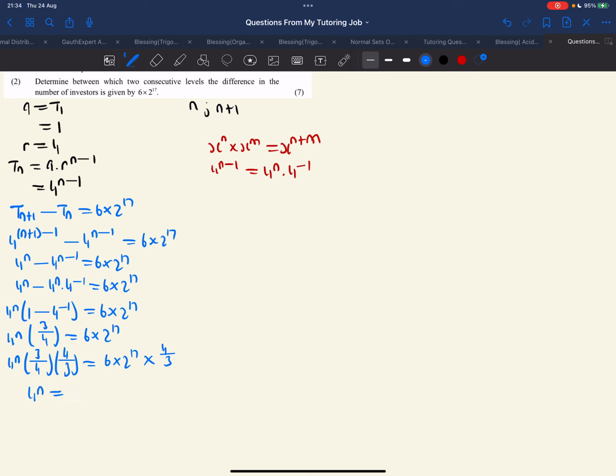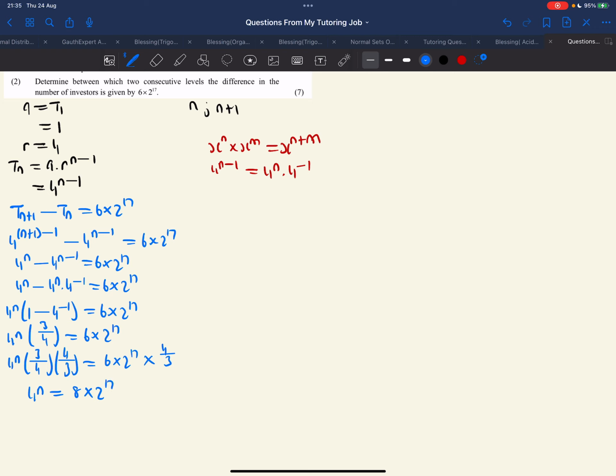What we can do is only multiply the 6 with that. We don't have to involve the 2 to the power of 17, because we may need to change that into a base of 4, or we can change the base and have it as a base of 2. So 6 times 4 over 3 gives us 8 times 2 to the power of 17.